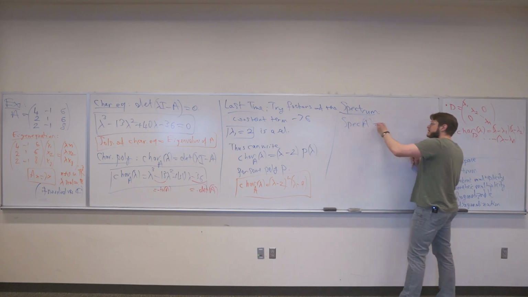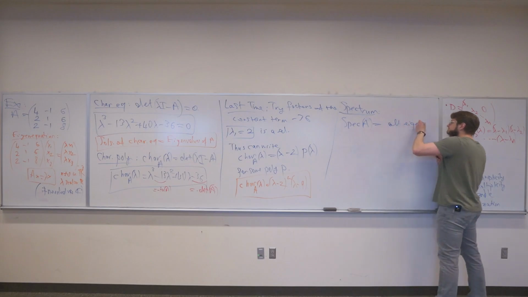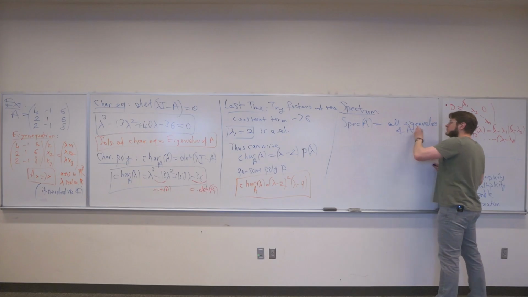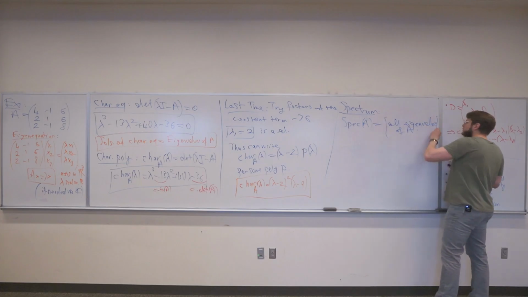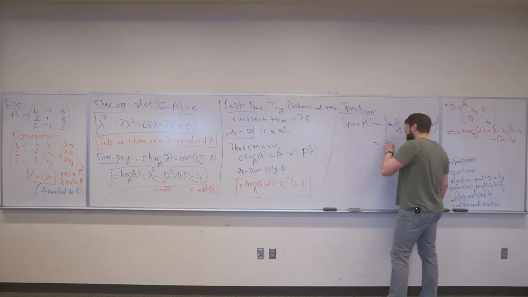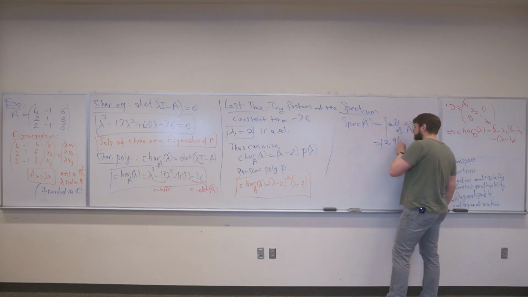Spec of A is the set of all eigenvalues of A. So in this case, it is 2 and 9.